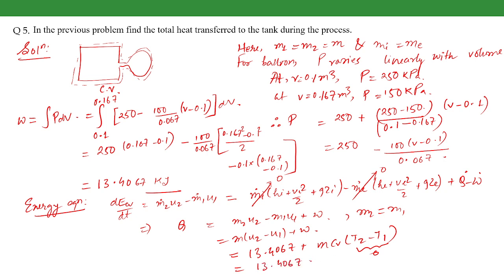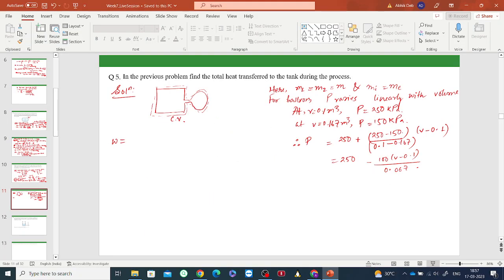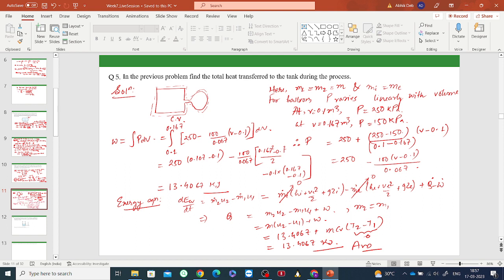So the heat transferred during this process is 13.4067 kilojoules. I hope it is clear to everybody. If there is any doubt, please ask. If there is no doubt, then we will move on to the next problem.